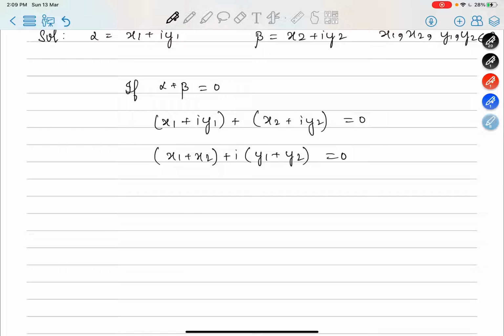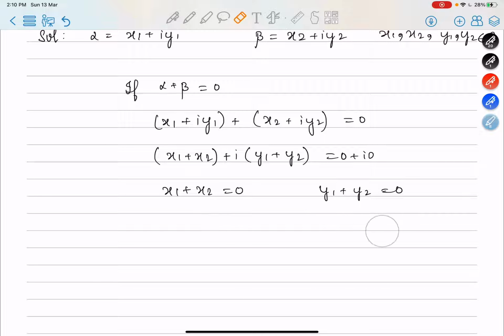So this 0 can be 0 plus i0. So equating the real and the imaginary part, I'll get x1 plus x2 is 0 and y1 plus y2 is 0.